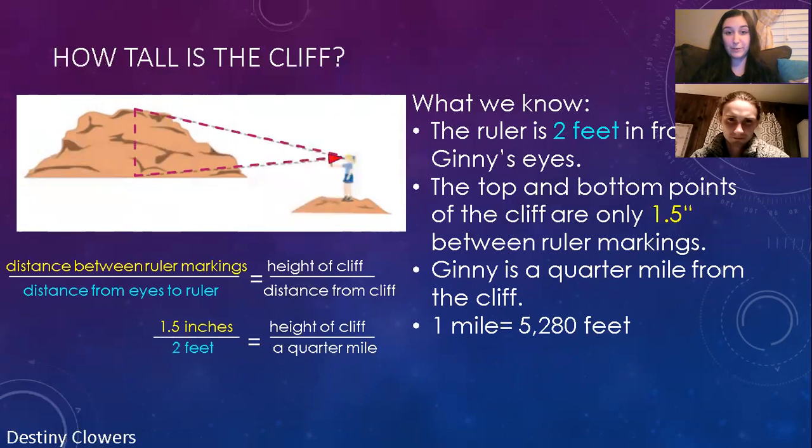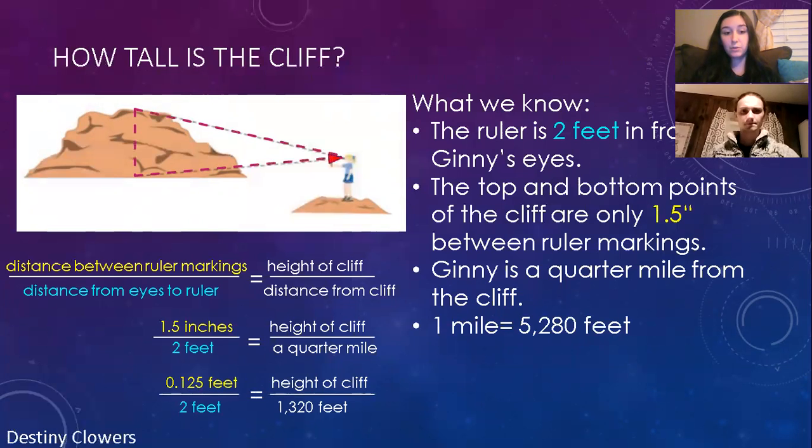Once we do that, we get 1.5 inches divided by 2 feet equals the height of the cliff divided by a quarter mile. Now, to finish this problem, it's going to be a lot easier if each of the units are the same. So we're going to change inches and a quarter mile to feet. We're going to take 1.5 inches divided by 12 inches per foot.